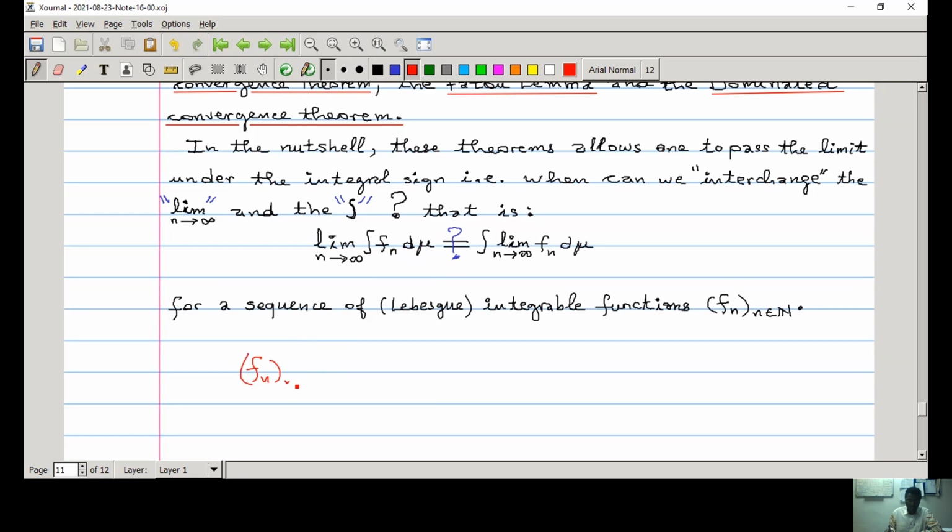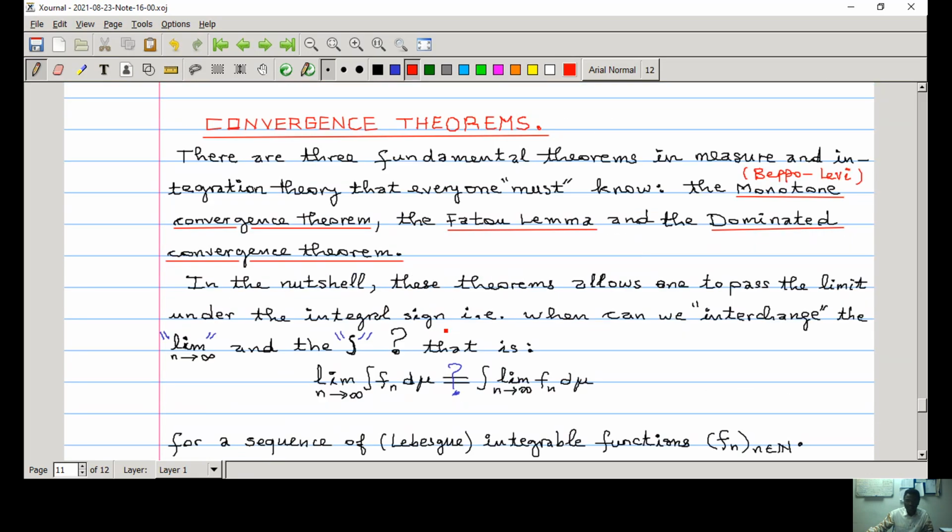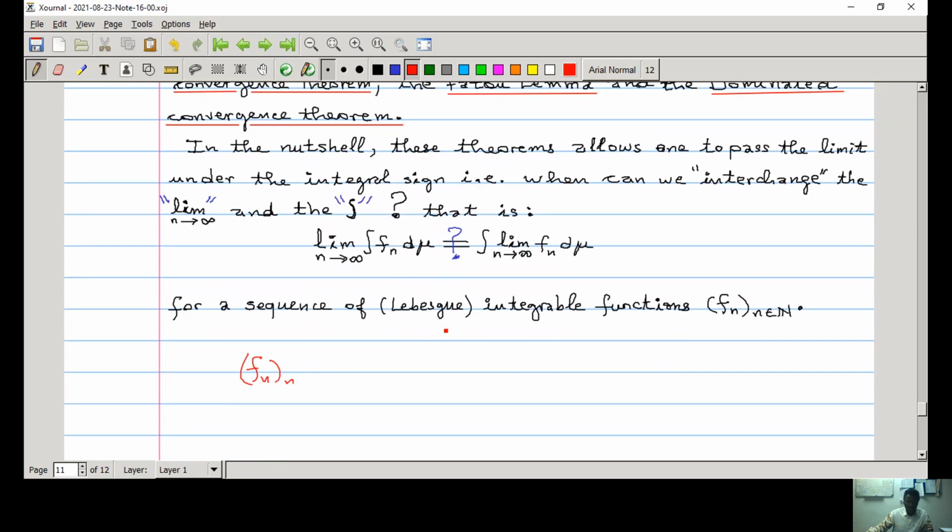So Fn is a sequence of measurable functions or a sequence of integrable functions. And we want to know when can we do this? Because you cannot always take the limit inside. It's not always true. So this will be true under some restrictions. And those restrictions are given by these results, the convergence theorems.